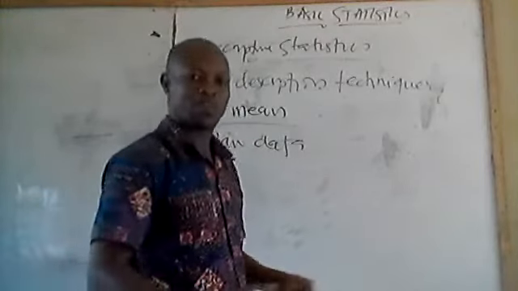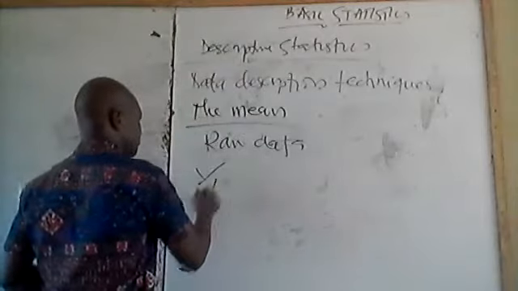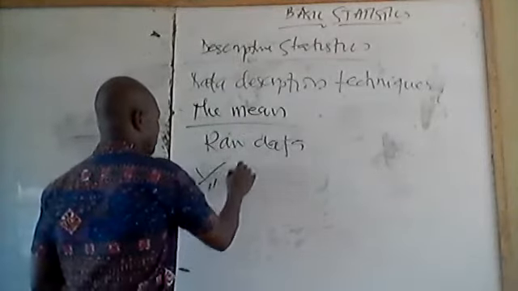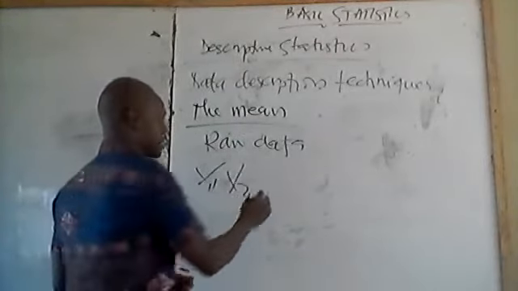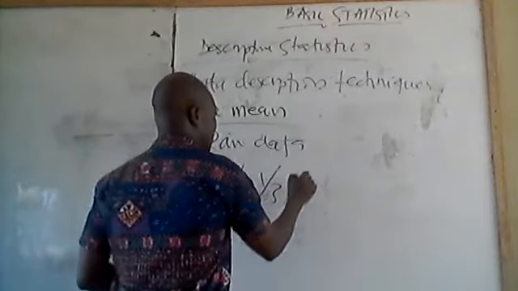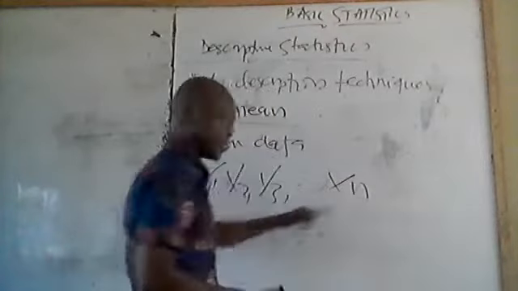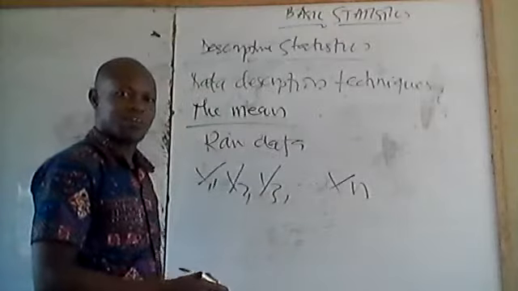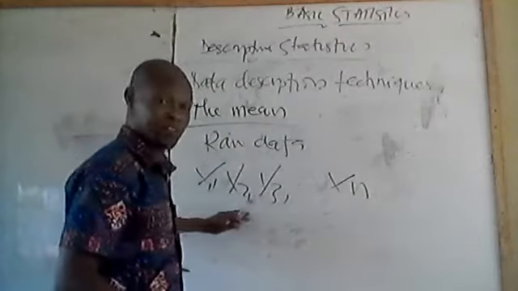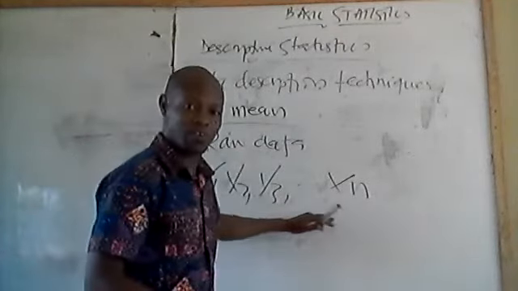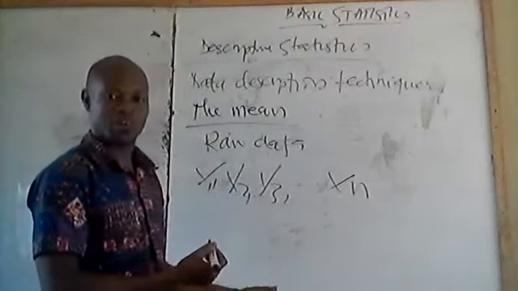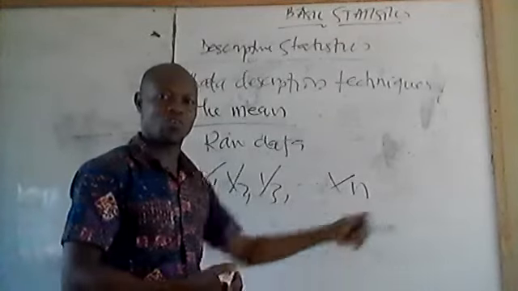Assuming numbers occur like this: x1, x2, x3, up to xn, the last figure. When there are no corresponding frequencies, we call this a raw set of data or raw numbers.